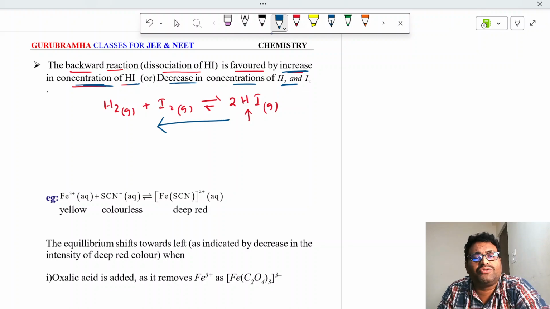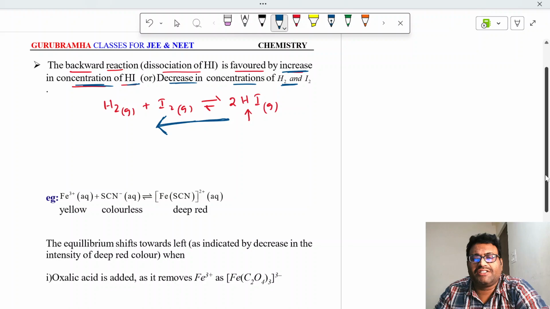The removed H2 and I2 has to be replaced. If it has to be replaced, what should happen? Some of the HI must decompose to form H2 and I2. Understood? So again, in that situation also, the backward reaction occurs. That means equilibrium is shifted to the left side.